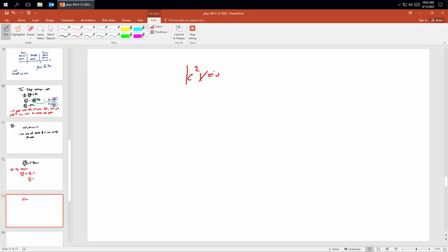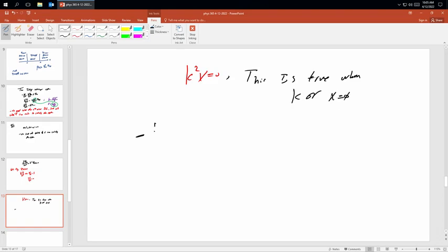Okay, so you have k squared x equals 0, right? When is this true? It's either k or x is going to equal 0. Does that make sense?